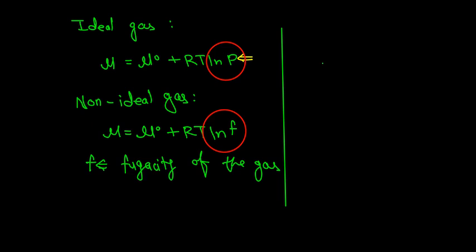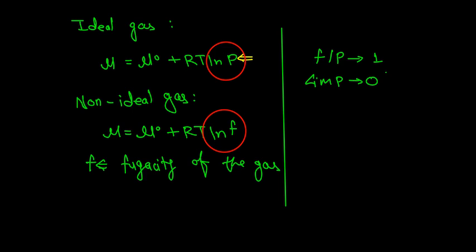But what happens when the pressure becomes really low? When the pressure becomes really low, the gas starts behaving ideally. Therefore I have the definition of fugacity as f over P tending to 1 in the limit P tends to 0.